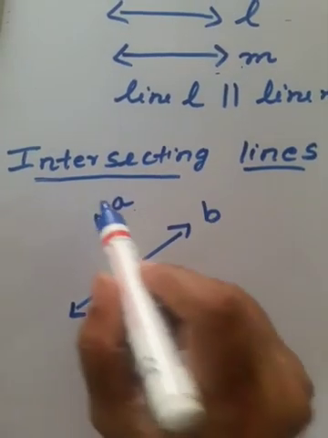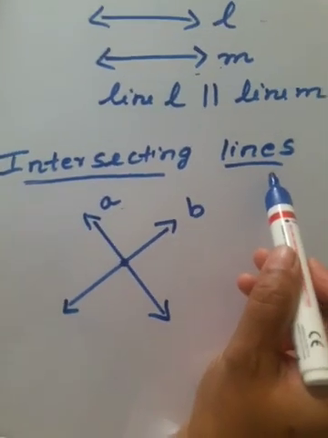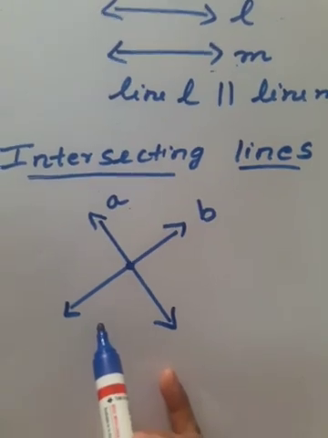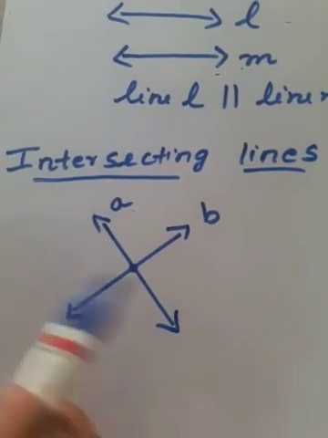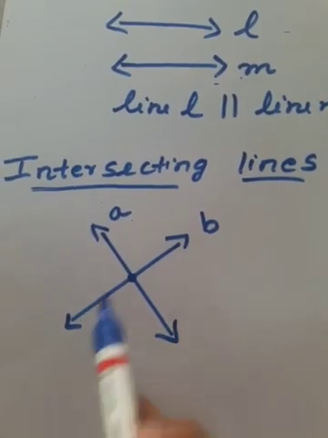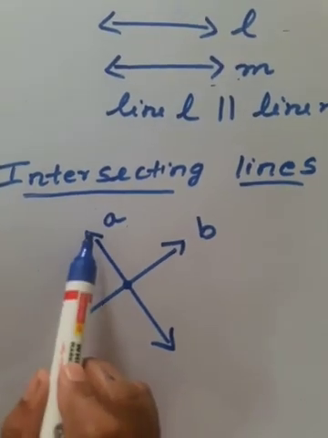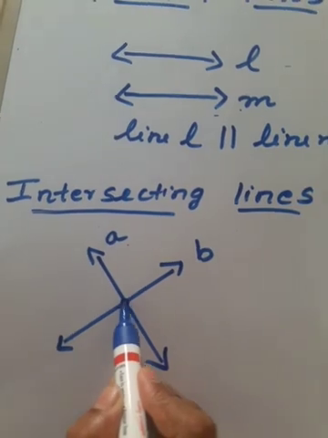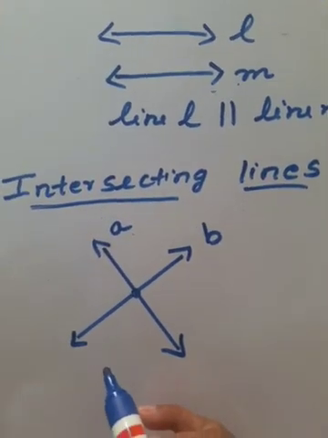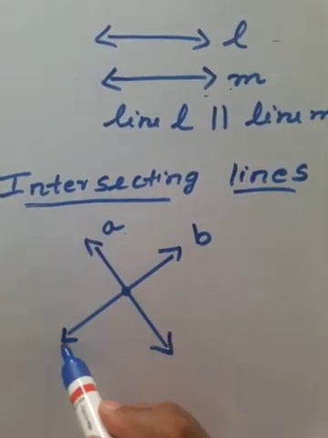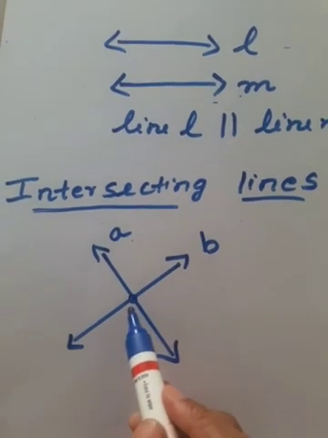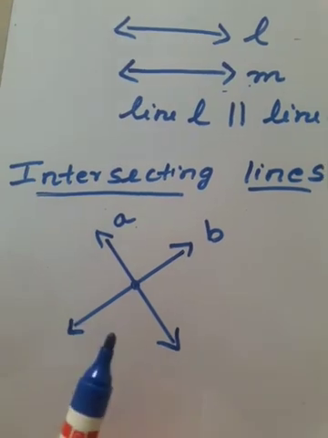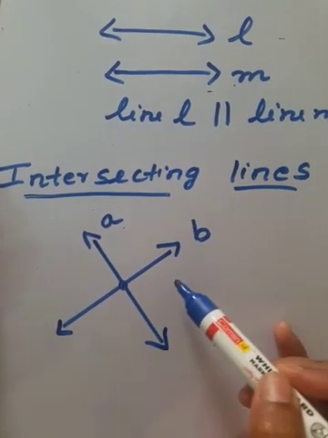Now let's see what are intersecting lines. Look at this figure. In the figure you can see 2 lines, line A and line B. These 2 lines intersect each other at one point, correct? So they are called intersecting lines.